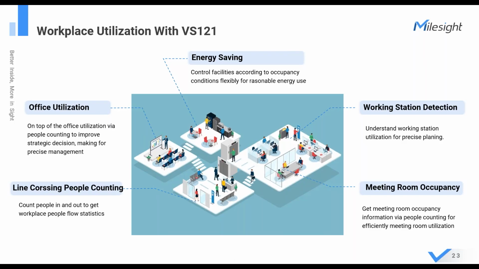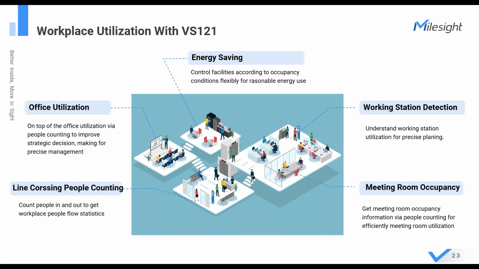Therefore, officers and managers are able to manage the space and utilization conditions. Moreover, D2D helps with quick connections and bidirectional data transmission with multiple products, which saves not only your time but also your energy and cost. Simple line-crossing people counting makes it more versatile and adaptable in different scenarios, such as entrances, to get people flow statistics for supporting further analysis.